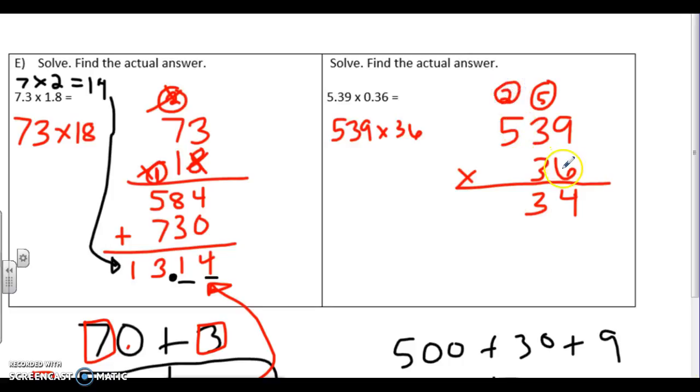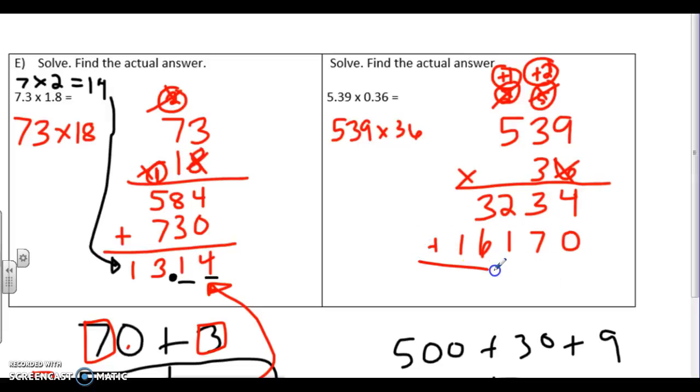Carry the 2. 6 times 5 is 30, plus 2 is 32. So check to see that you have those digits there before you cleanse. And drop the 0. 3 times 9 is 27. Make sure you carry that 2 to the tens column there, to the next column. 3 times 3 is 9, plus 2 is 11. Carry the 1. We can't forget 3 times 5 is 15, plus 1 is 16.